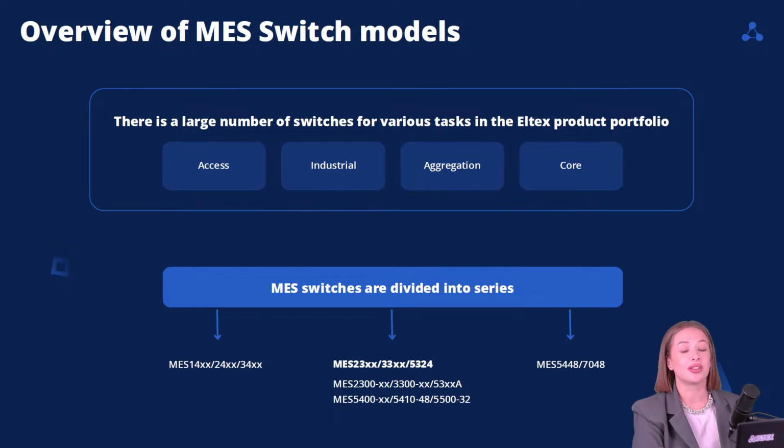Based on our product line, there are three main categories: access switches from the MES 14th, 24th, and 34th lines, access and aggregation switches from the MES 23rd line, aggregation switches from the MES23xx line, and data center switches from the 5400xx line. And our third category is pure data center switches, MES 5448 and 7048.